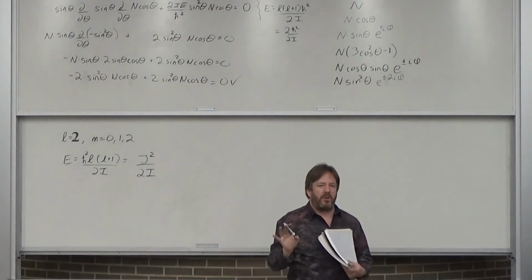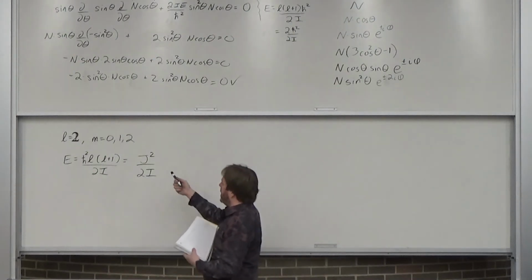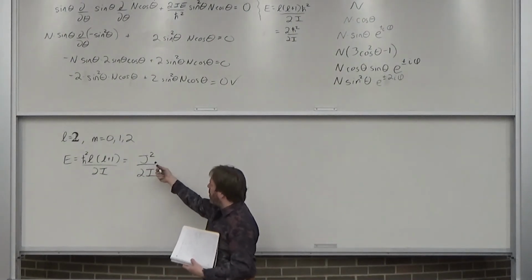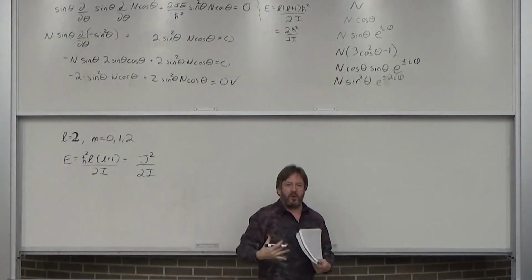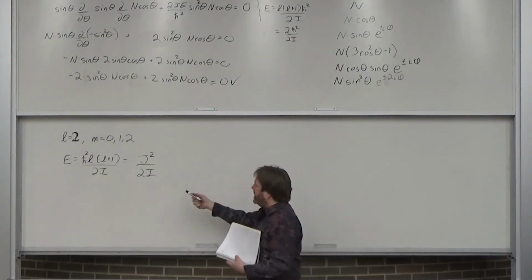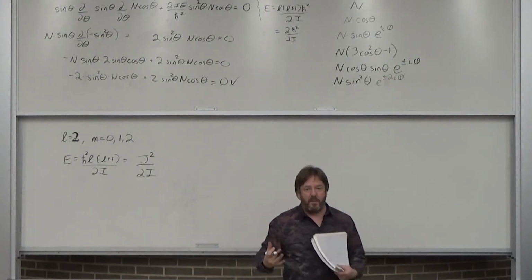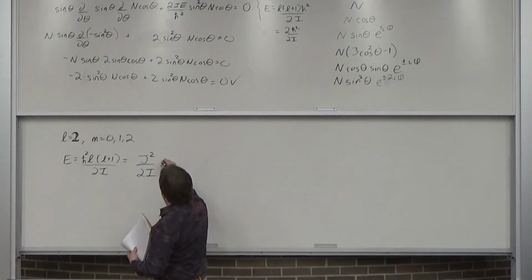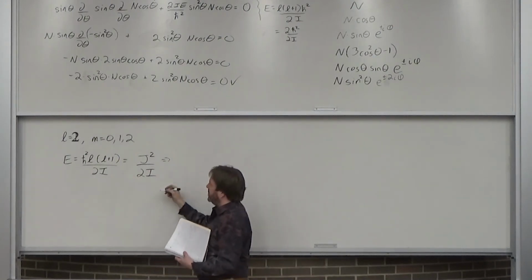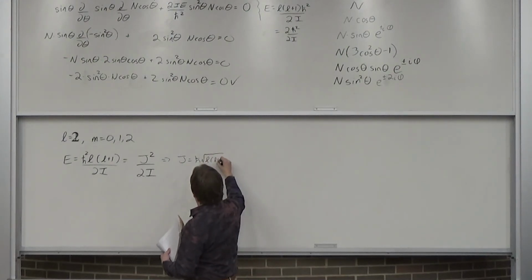We had little j for 2D, but now that we're in 3D, we're going to have a big J operator. And momentum squared over 2 times mass, but mass, of course, is in the moment of inertia. So it's similar to what you've had before. It's just got an I instead of an M for mass. Okay, now recall that if you just do some algebra, J is h bar square root of L times L plus 1.